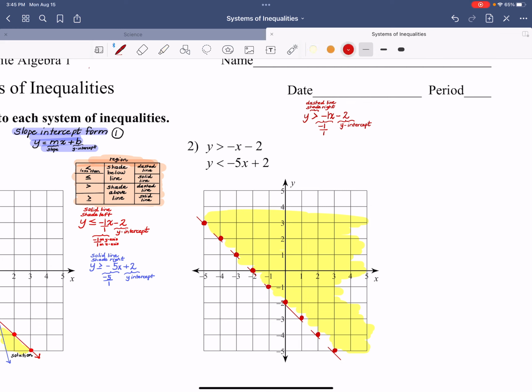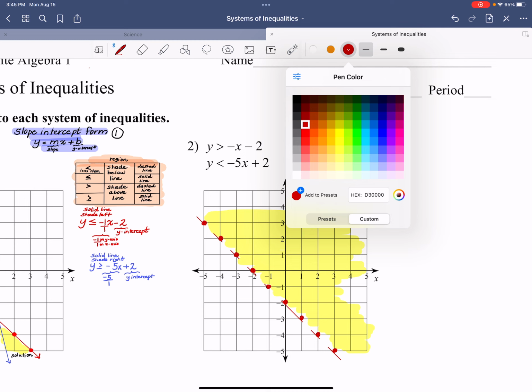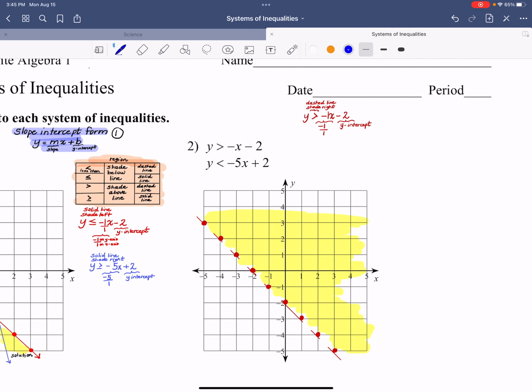Now let's do the second one, where we have y is less than negative 5x plus 2. First of all, I will have another dashed line, and I will have shading this time to the left, because that arrow is pointing to the left.